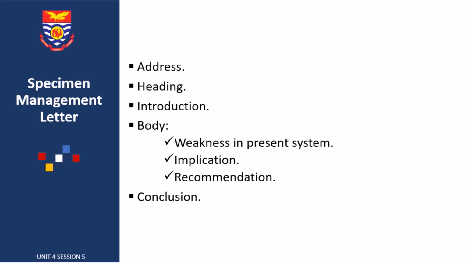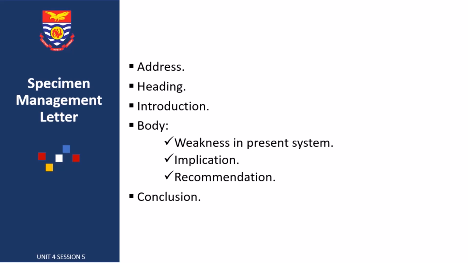You have to identify the weaknesses in all those systems, the implication of the weakness in the system, and then the recommendation for those weaknesses. So for each of the areas, be it payroll, sales, or purchases, for every weakness that is identified, what is its implication and what is the recommendation.